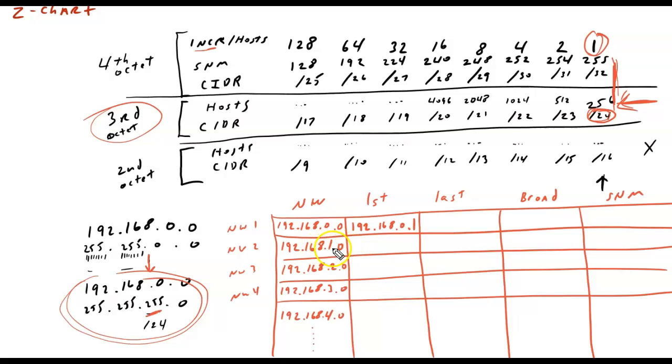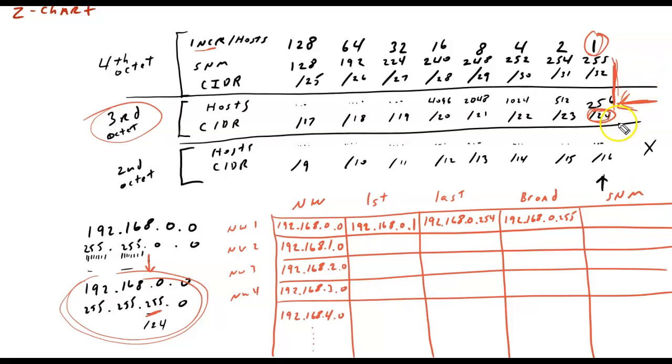Or 1.0? Sure, it's 0.255. 192.168.0.255. Well, if that's the broadcast address, which is the last address on the network, then the one before that must be the last usable host. 192.168.0.254. The only thing left now is to identify the subnet mask.